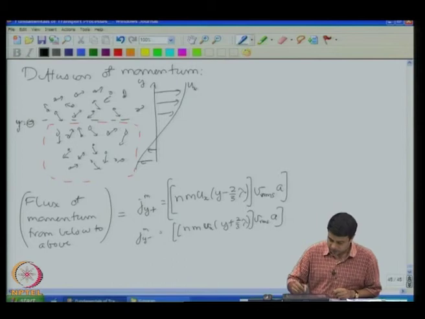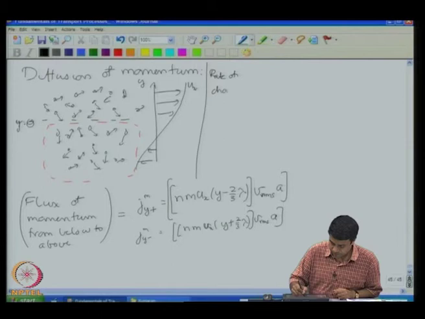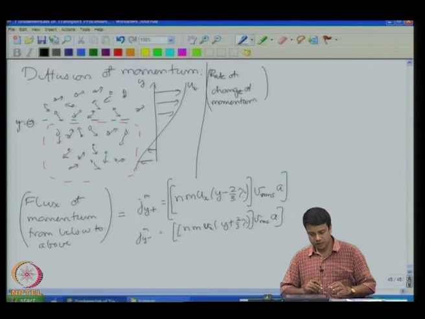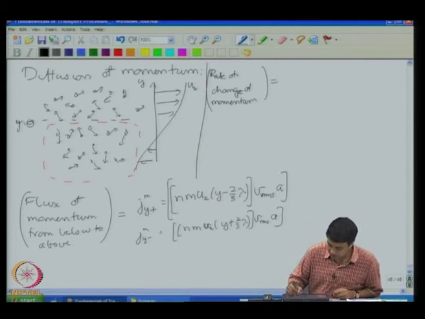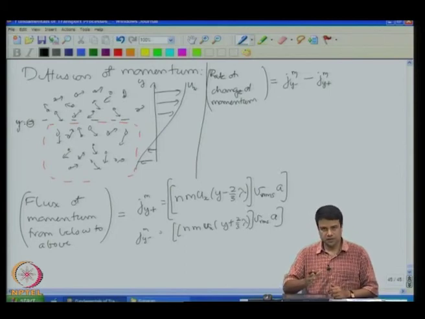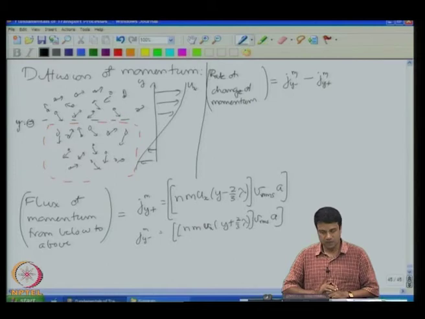Now, what is the rate of change of momentum? One has to be careful here. The momentum of this volume is increasing when molecules come from above to below, whereas it decreases if molecules go from below to above. So, this is going to be equal to J m y minus J m y plus, because what goes above is decreasing the momentum, what comes from below is increasing the momentum.